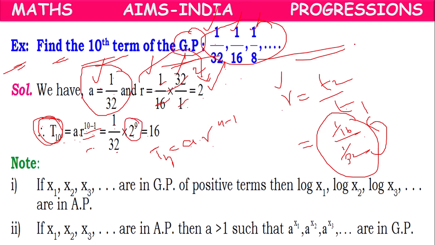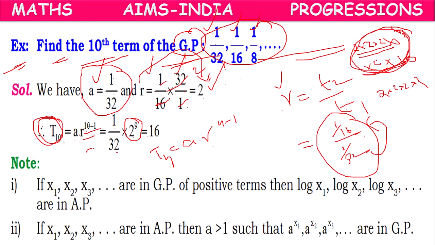2 power 9 means 2 times 4, 2 times 8, 2 times 16, 2 times 32. 5 twos will make 32, because 2 power 9 means in total we have 9 twos, out of which 5 twos will make 32, and 4 twos will make 16.